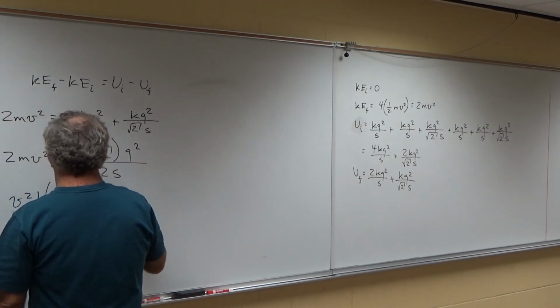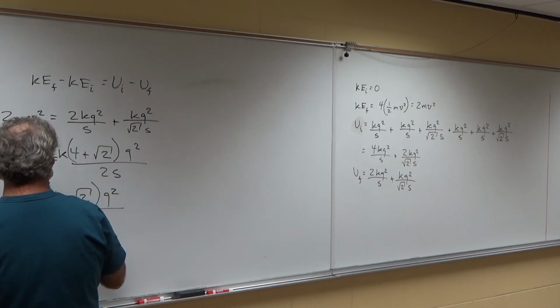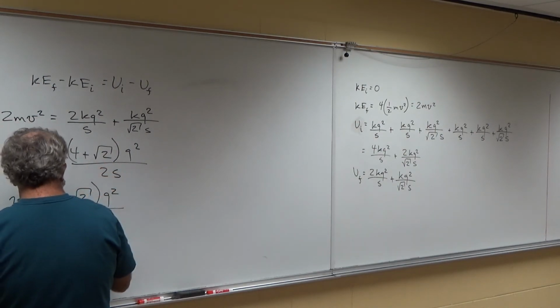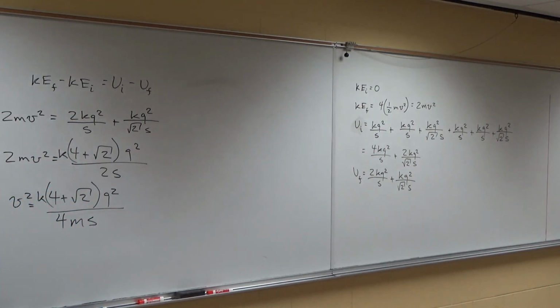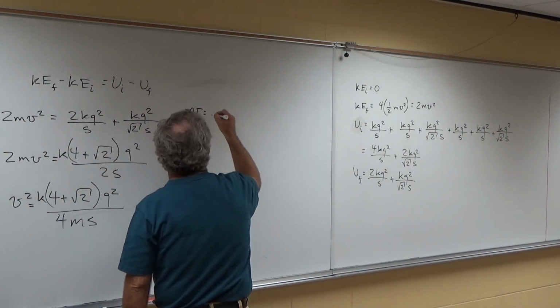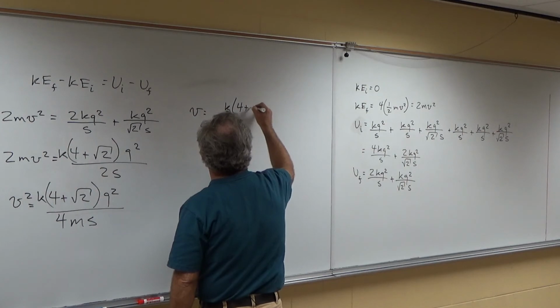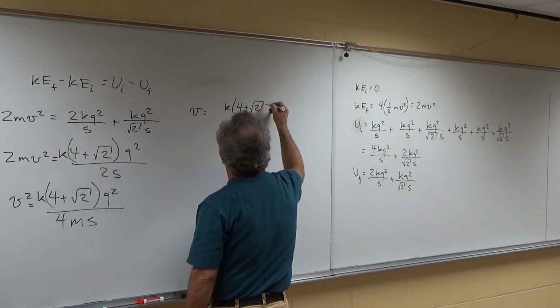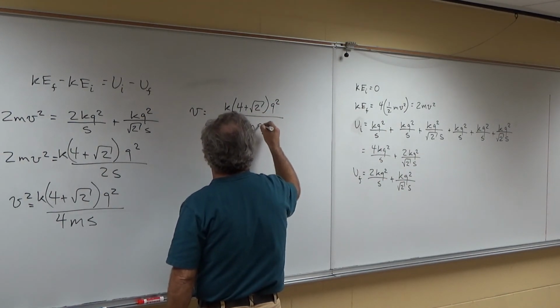Okay. kq squared divided by 4ms. Then you take the square root. v is equal to, okay, the square root of 4 plus the square root of 2 times kq squared over 4ms.